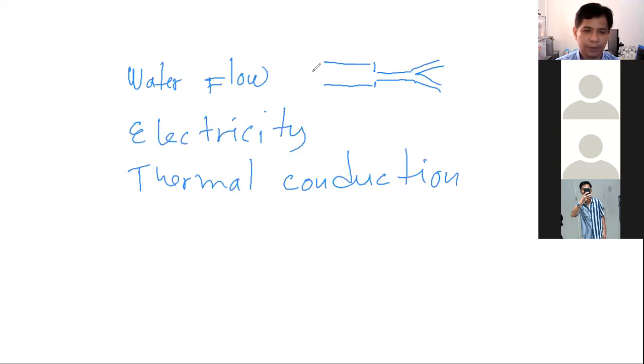So, halimbawa, 'di ba, tandaan niyo naman yung flow natin is Q. Halimbawa, Q total. So, yung Q dito, this is the section 1, this is section 2, and then this is section 3. Yung Q1, equal lamang yan sa Q total, di ba? Tapos dito sa Q2, equal din yung Q2 sa Q1. Imagine niyo yung tubig, ano?